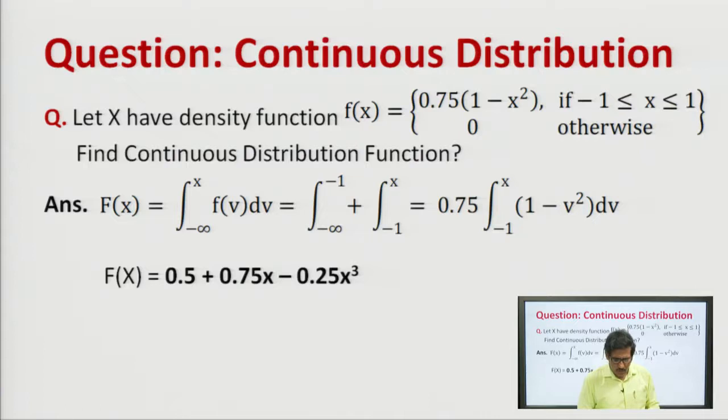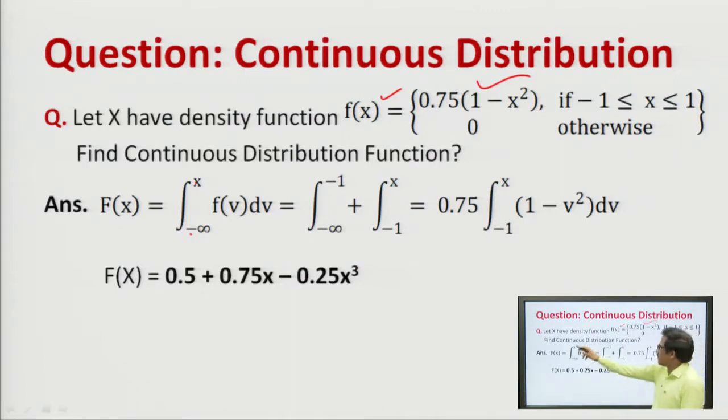Question on continuous distribution. Let us take a question. Let x have a probability density function governed by this particular function, x lies between minus 1 to 1 and 0 otherwise. Now, what would be the continuous distribution function? For the continuous distribution function, this is the probability density function. We integrate it over the limit minus infinity to x, but our function is defined between minus 1 to 1.